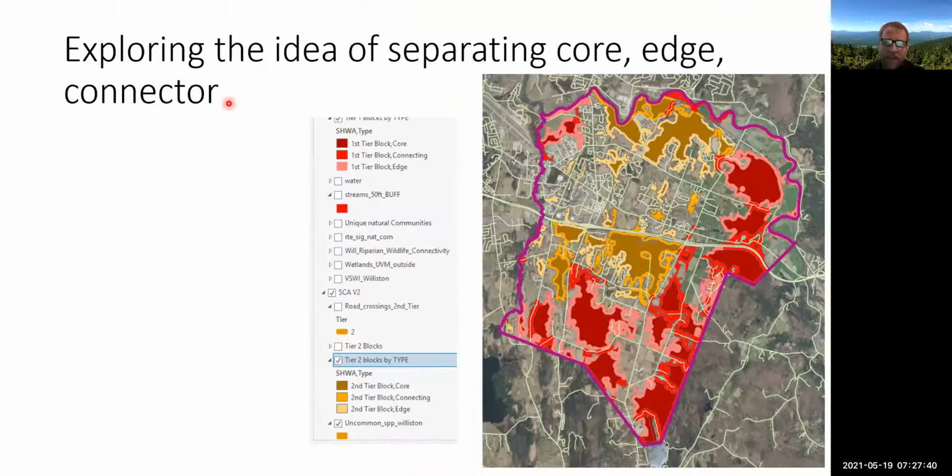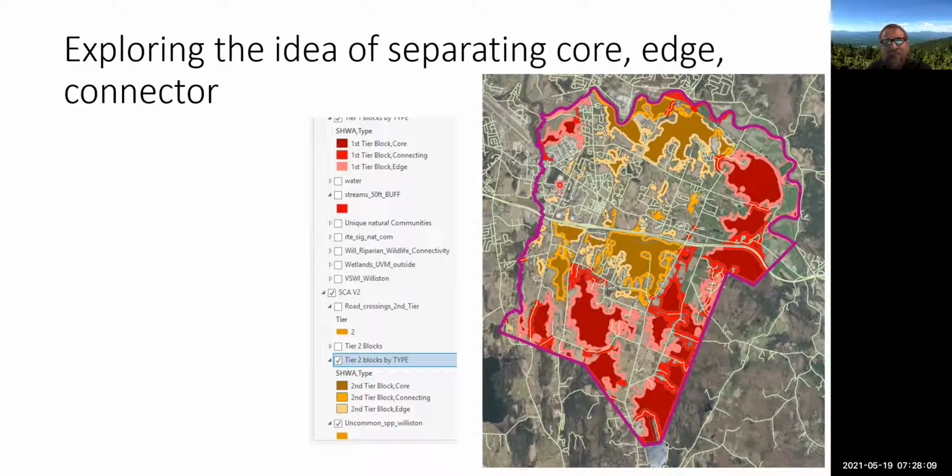And so what I did is I looked at each individual block and I buffered it in 300 meters. So I was able to show the core area of each of the forest blocks, whether it's a secondary in orange, and the core area is that dark brown, or the primary, and that core area is the darkest red. So that leaves this band around the edge of the block.